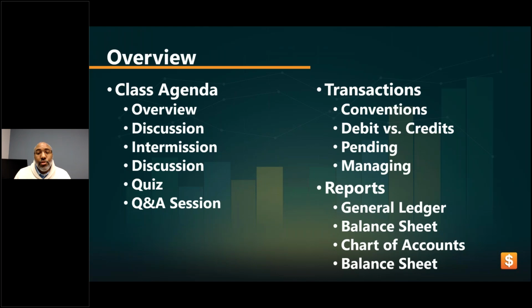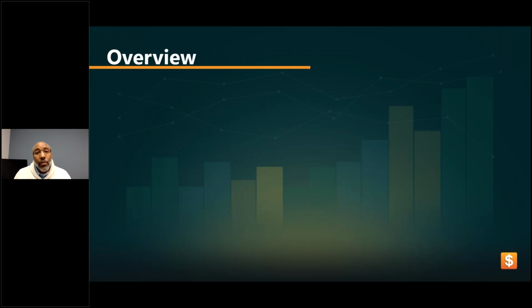So general ledger, statement of income and expense, chart of accounts, and balance sheet report. We'll cover all four of those reports. We'll also cover the event log. It can be used in some aspects for reporting, but really it's more just to follow up on things that are done inside of the software.